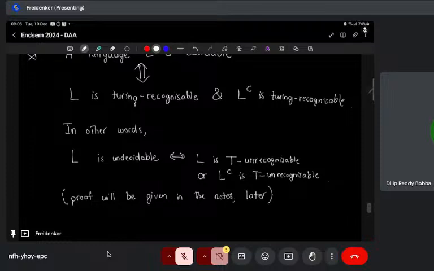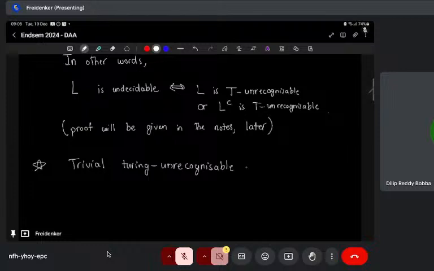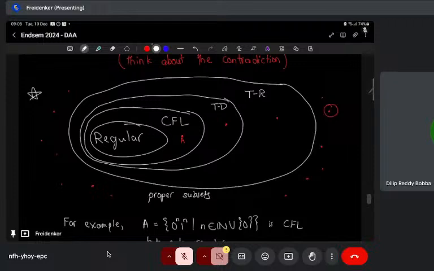So the question that I asked you before was: is there any trivial Turing unrecognizable language? Okay, I can give this one also.